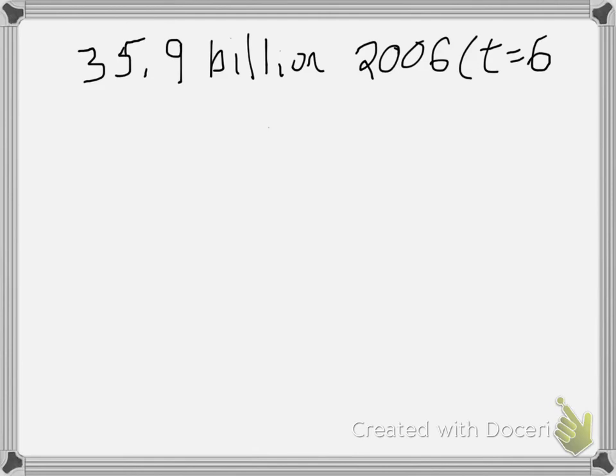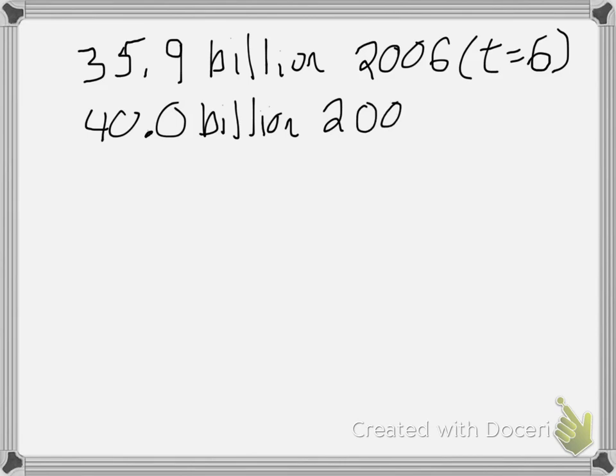I'm going to say, okay, it's 6 years from 2000. That way, we're going to make our life a little bit easier. And then we had 40 billion in 2007, so we're going to make that t equal to 7. Now you could do 2006 and 2007, but you're going to make yourself miserable.